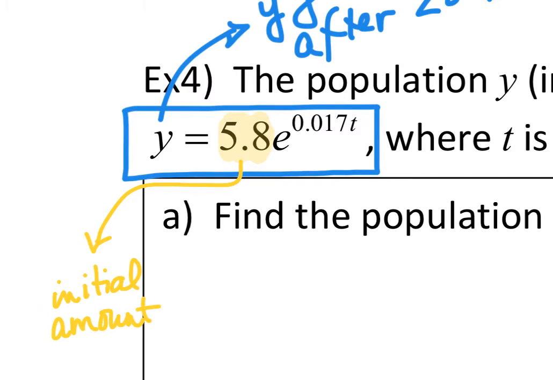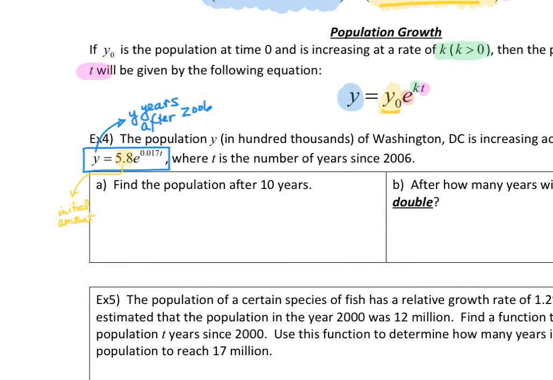Now, you might be wondering, in 2006, did 5.8 people live in Washington, D.C.? No, because we're talking about hundreds of thousands. So the population of Washington, D.C. was 580,000 people in 2006.